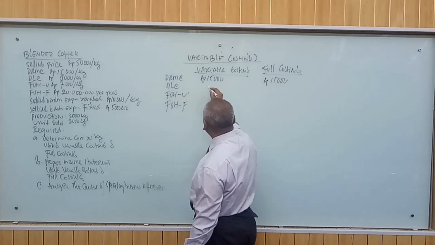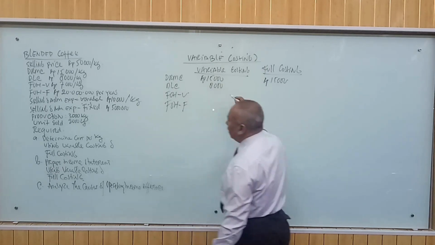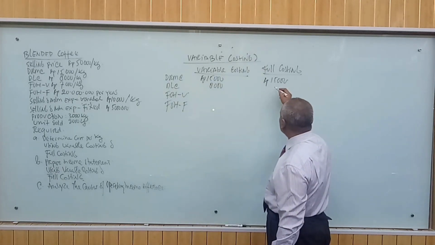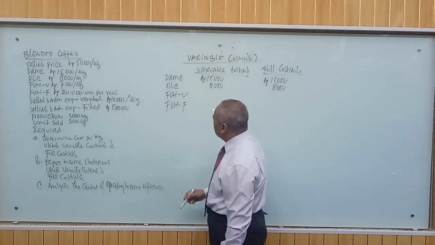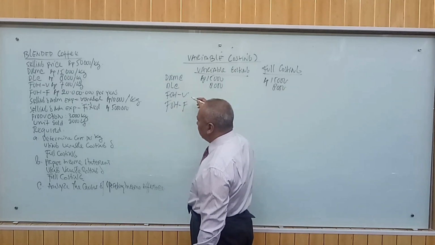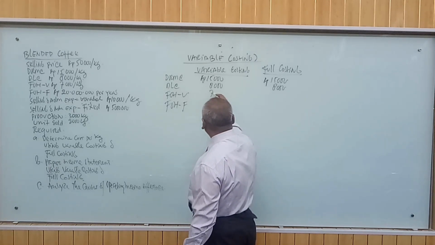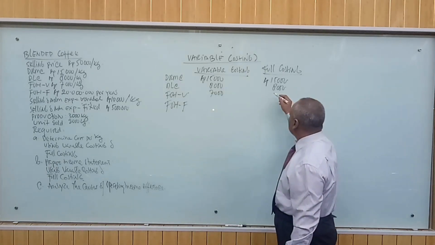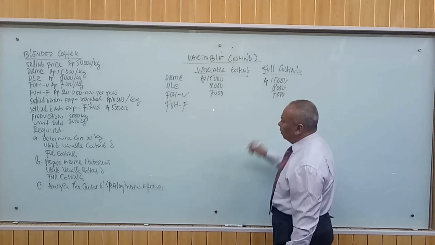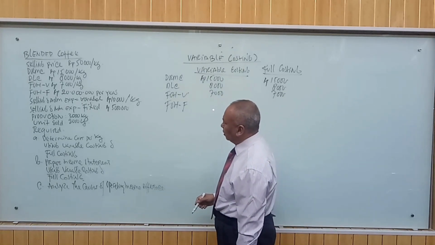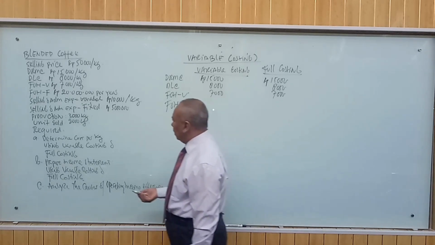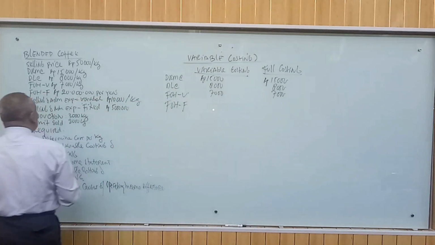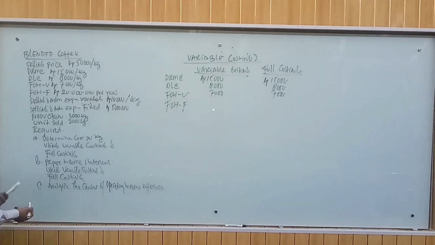Direct labor cost here is 8,000, and full costing also 8,000 because this is a variable cost. Variable factory overhead is 7,000, also 7,000 here.